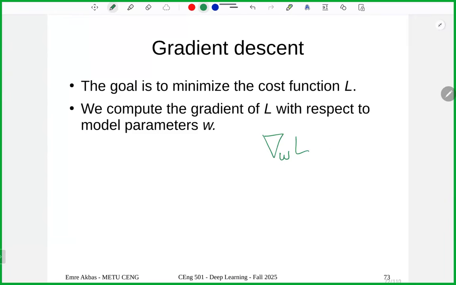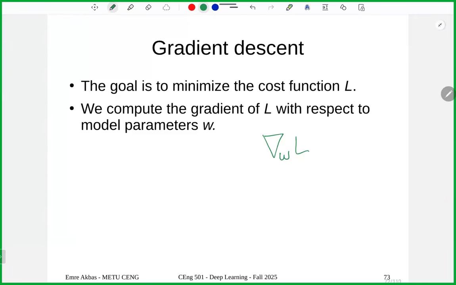And what does the gradient give you? Or what is a derivative? The direction that you go. So it's the direction of the steepest ascent. The derivative is the direction of steepest increase at a point, right?